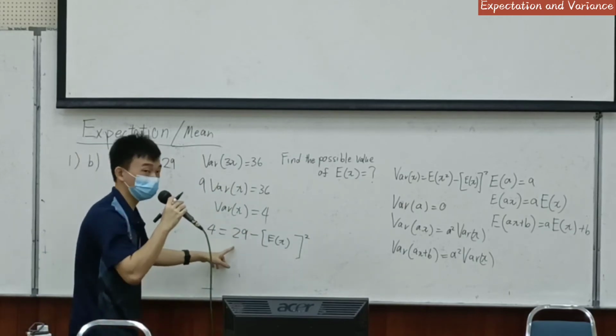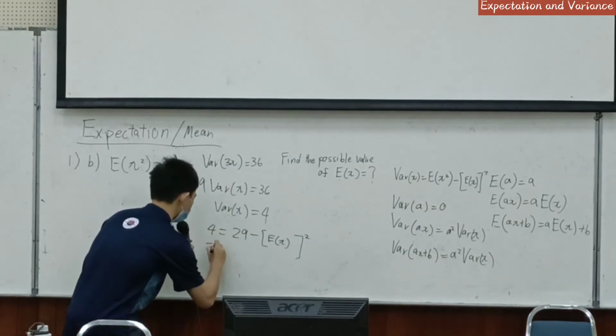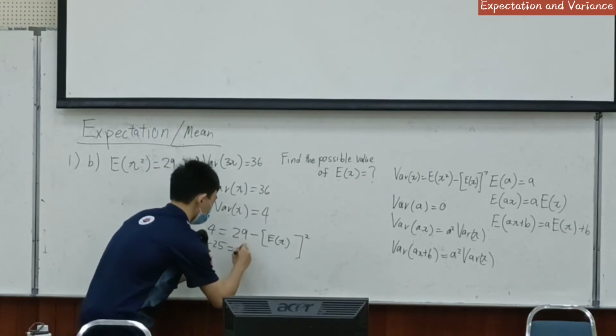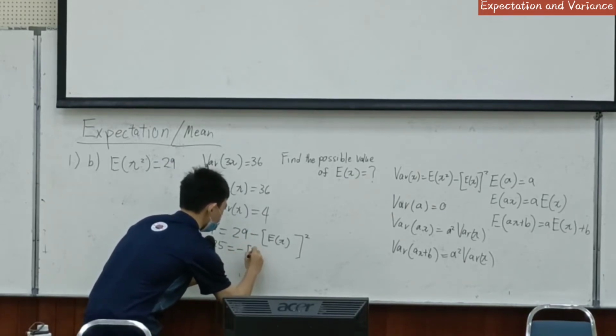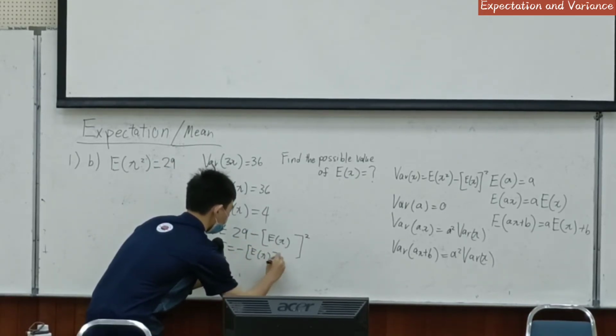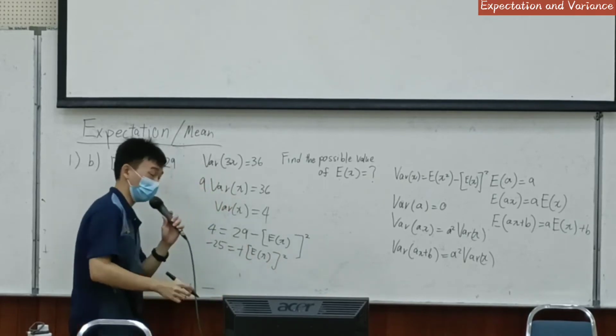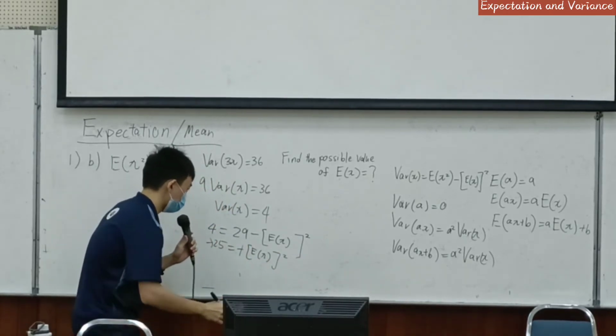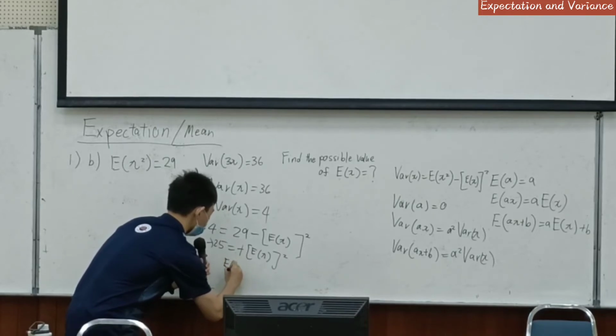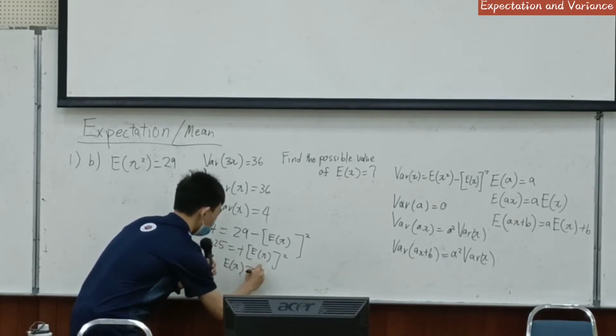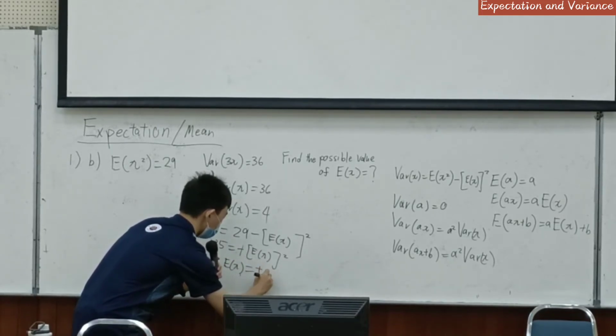So 4 minus 29 equals negative 25, so negative the expectation of x squared. Minus and minus can be cancelled, so the expectation of x will be plus or minus 5.